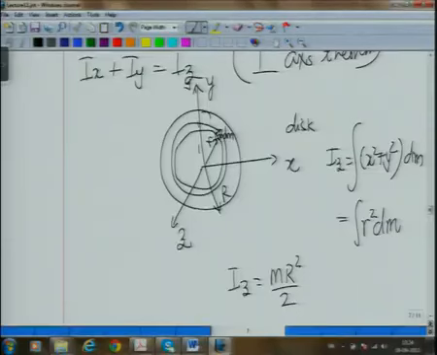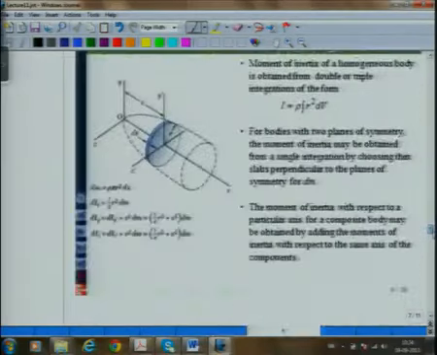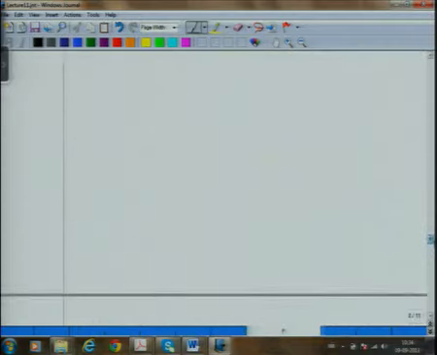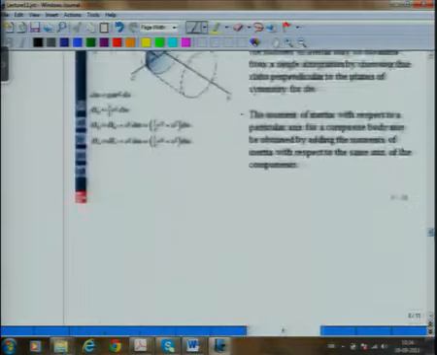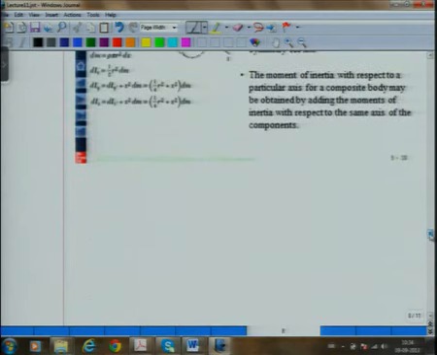So let's now try to find some things for some simple bodies. There's one which is not given.